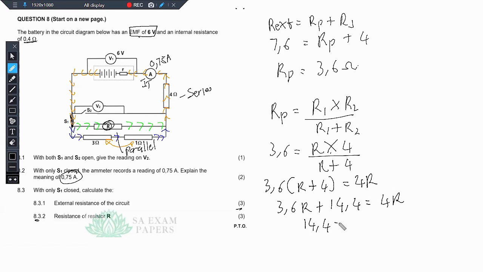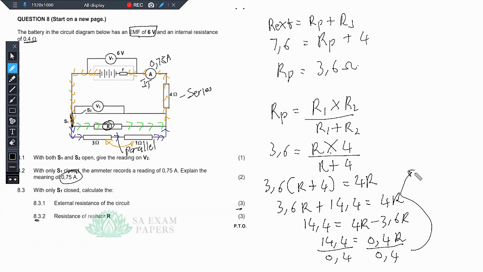So that's 14.4 equals 4R minus 3.6R. Now we have 14.4 equals 0.4R, which we need to then divide both sides by 0.4, right? Now what is 14.4 divided by 0.4? Then when we do that, we find R is equal to 36 ohms.